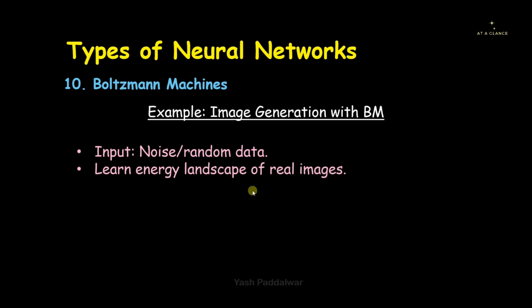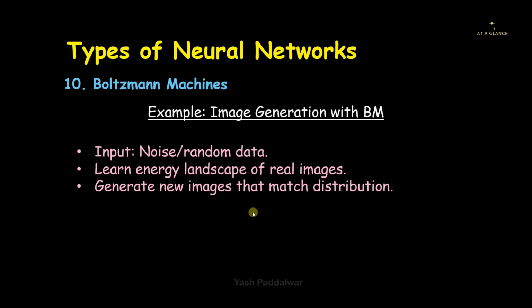Next, this data uses an energy-based approach which learns the energy landscape of real images. So basically it will construct a distribution for it. And next it generates new images that match the distribution. So this is how the image generation will take place with the help of the Boltzmann machine neural network. So I hope to some extent it is clear to you all.